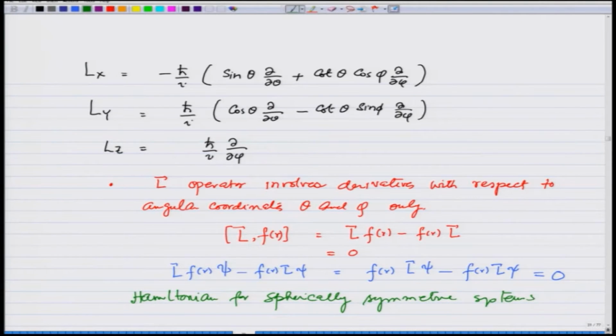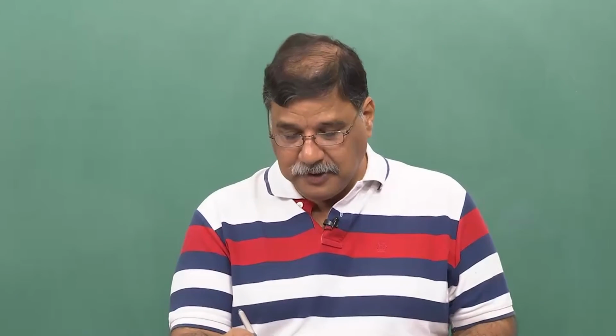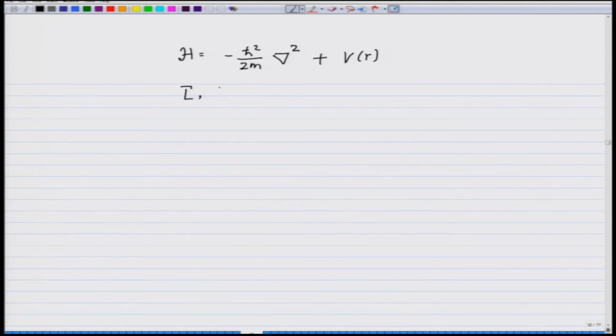So, what I am doing is I am taking the Hamiltonian for the spherically symmetric systems, minus h cross square over 2 m del square plus V r. Now, del square involves only derivatives with respect to r and theta and the order does not matter. So, L with minus h cross square over 2 m del square is anyway 0. And we have just seen that L commutator with a function V that depends only on r is also 0.